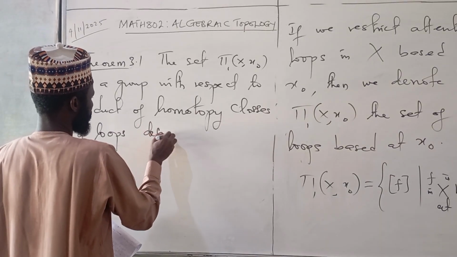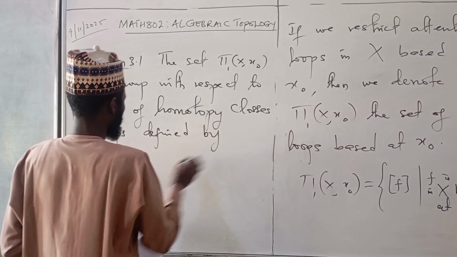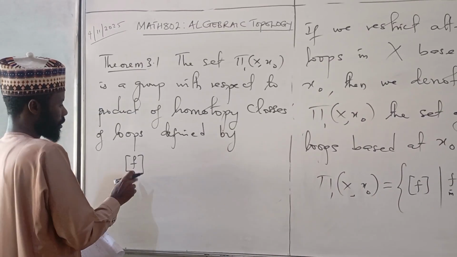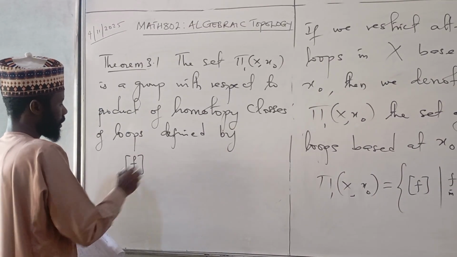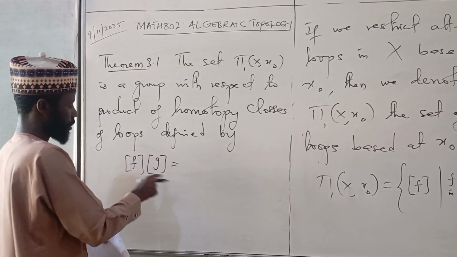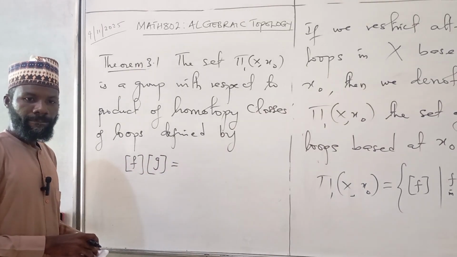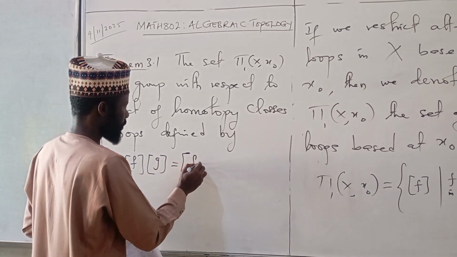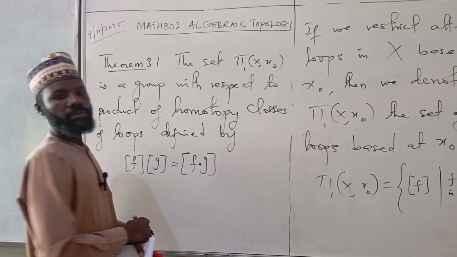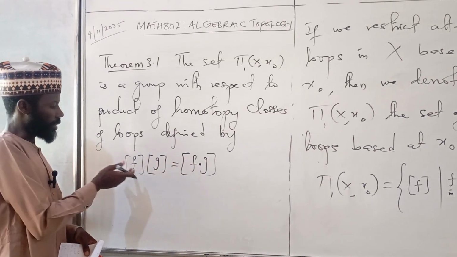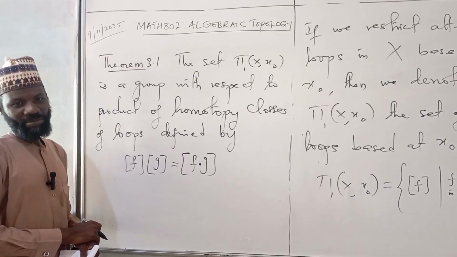Defined by, so if you take a homotopy class of loops based at x naught, and another homotopy class, so the product naturally should be the equivalence class of the product of f and g. That is always defined because this is a loop based at a point.